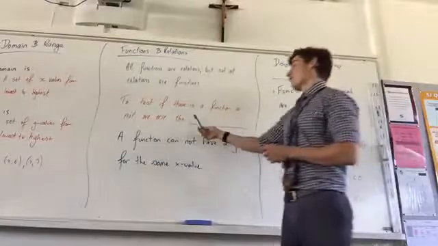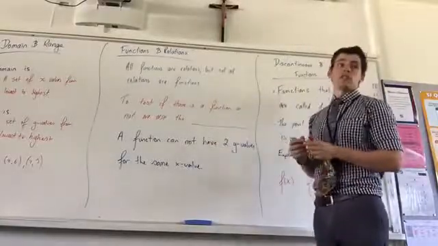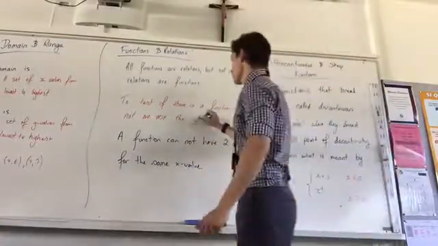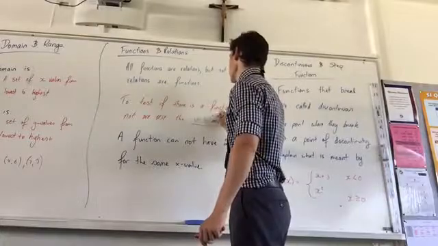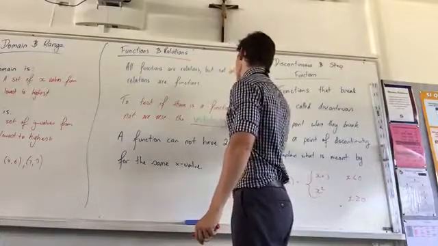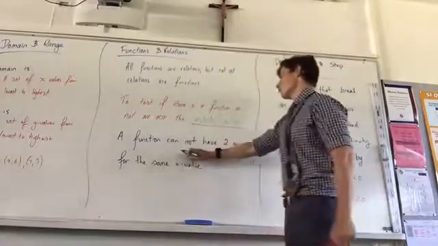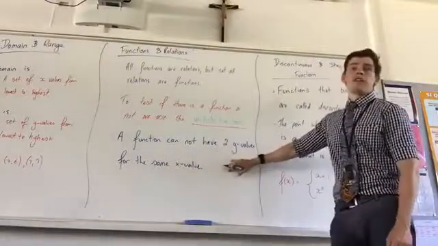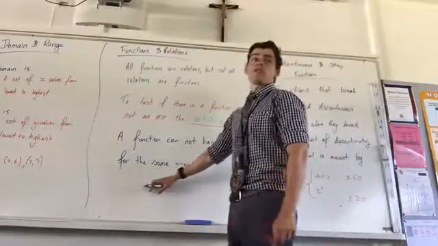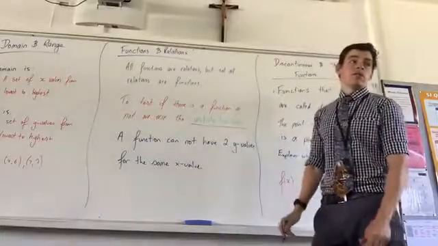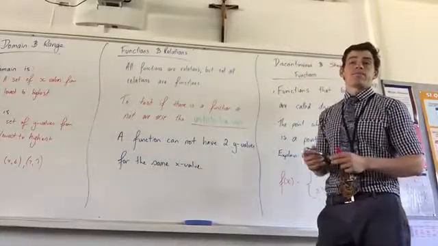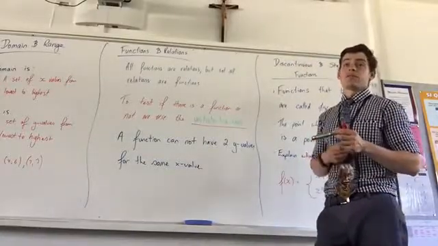To test if it is a function or not, we use the vertical line test. The vertical line test is essentially saying that we can't have two y values for the same x value.